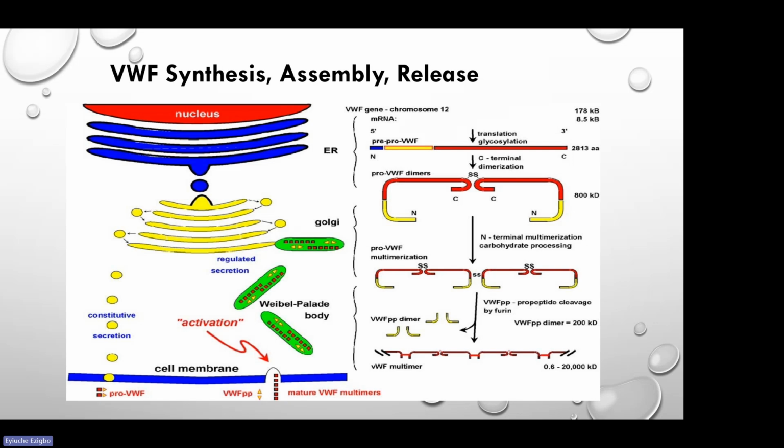Okay, that's the image I'm looking for. So this diagram tries to show us the pathway for the synthesis of von Willebrand factor. As you can see at this side, this is the cell structure from the nucleus down to the cytoplasm, cutting the cell membrane, then outside into the plasma.